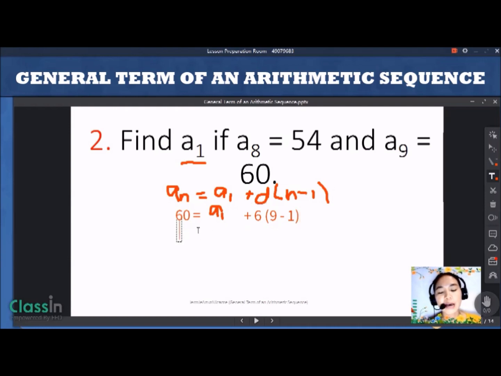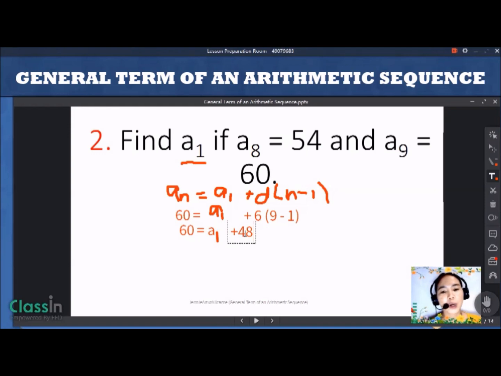we are going to have 60 is equal to a sub 1. There. Okay. Plus, what is 9 minus 1? 8 times 6. That is 48.